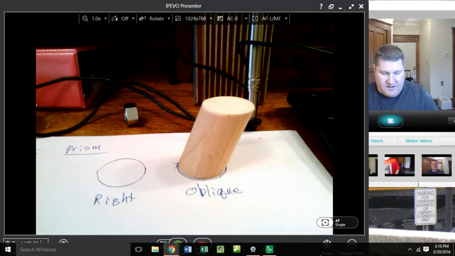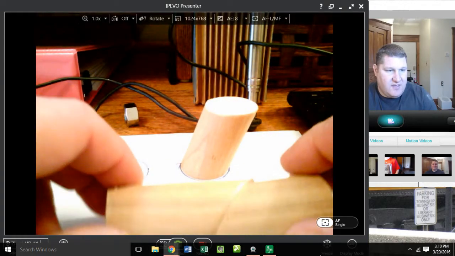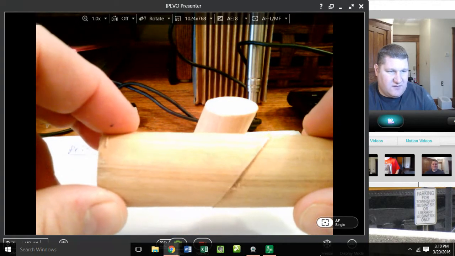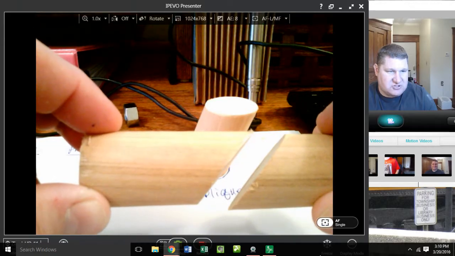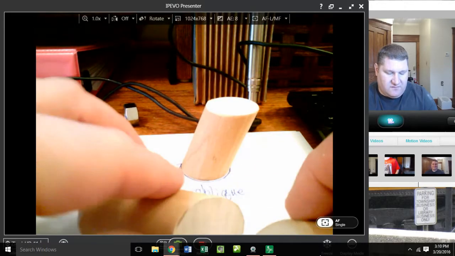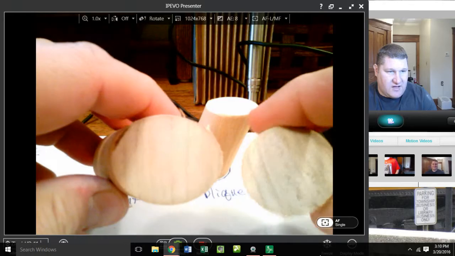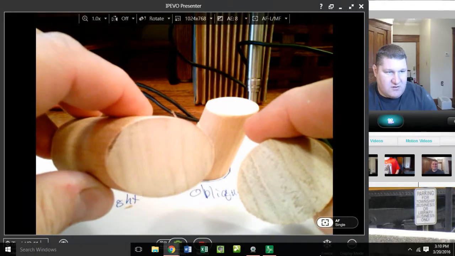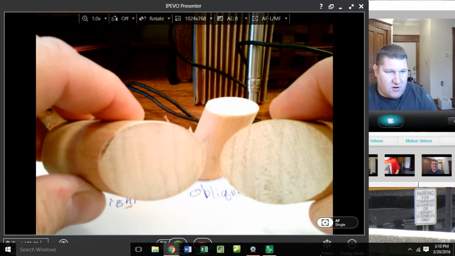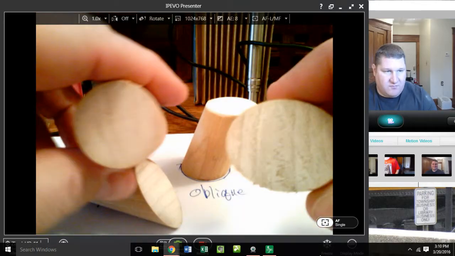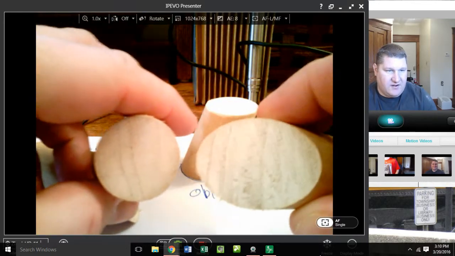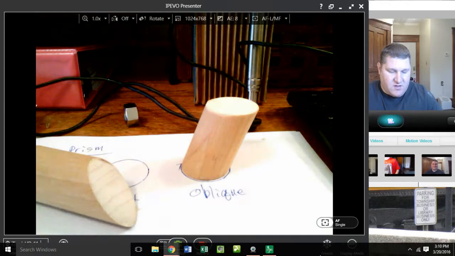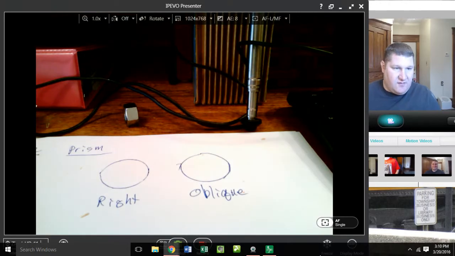This, on the other hand, I had to cut at an angle. So what I did was I cut it at an angle, boom, just like this. And these cross sections, although kind of circular, you'll notice they are longer than they are tall. So if I give you a comparison, I have a circle and I have something that's not a circle. Well, in that case, it's an ellipse.